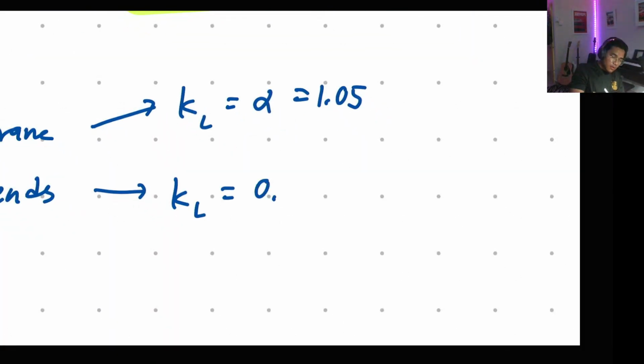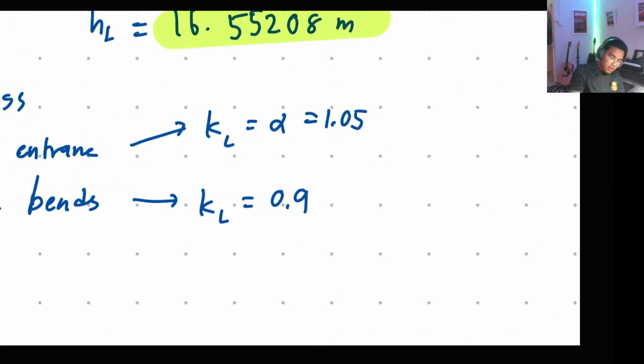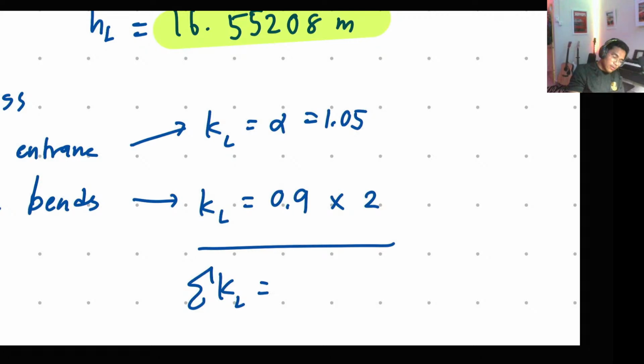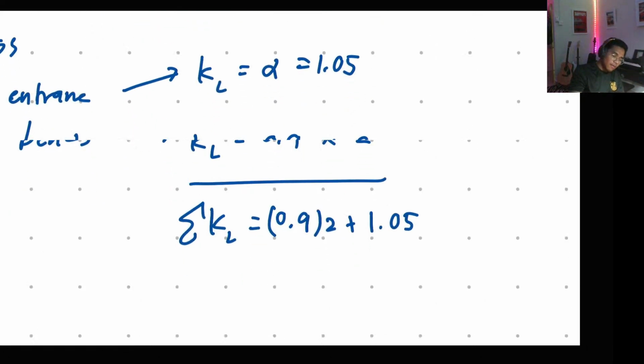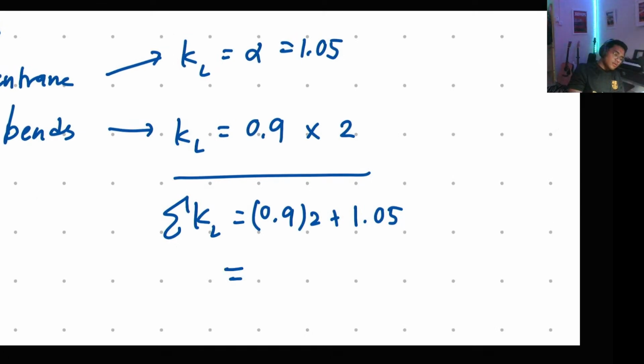K_L equals 0.9. There are two. So total K_L equals 0.9 times 2 plus 1.05 equals 2.85. Correct.